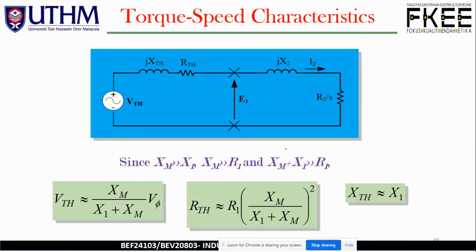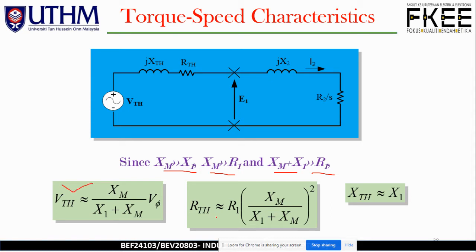All right, now next slide. It says that since XM is much greater than X1 and XM much greater than R1, and XM is actually much greater than R1, thus VTH is approximately equal to V phase XM over (X1 plus XM). So now we have eliminated the element of R, because the value is too small, for the equation of VTH.